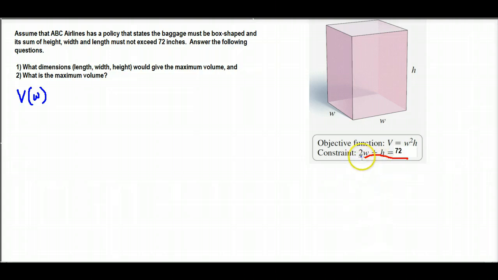And so here, if we were to subtract 2W from each side, we will see that H would be 72 minus 2W. Okay?